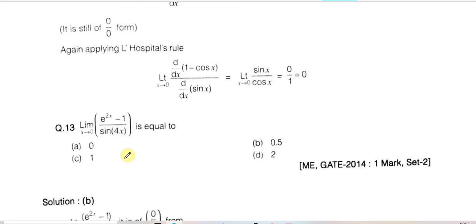Next problem is (e to the power 2x minus 1) upon sin 4x. Put x equal to 0, then it's coming out to be 0 by 0 form. So for 0 by 0 form, simply apply L'Hopital's rule. Differentiating e to the power 2x gives 2 e to the power 2x, upon 4 into sin x.